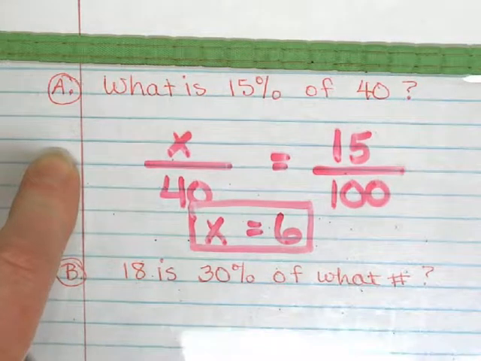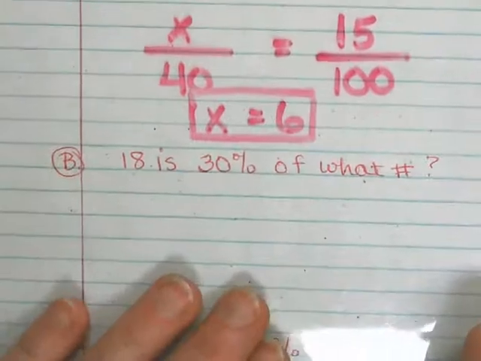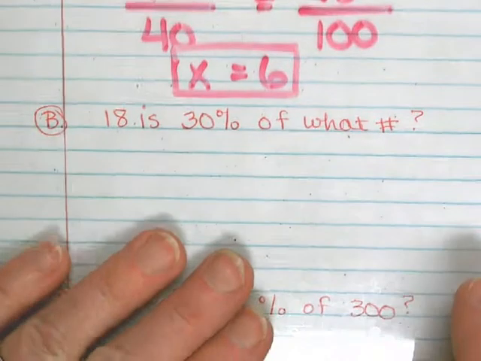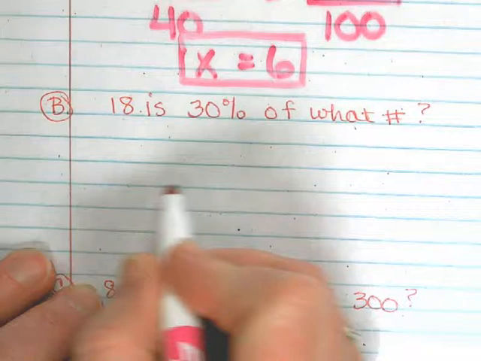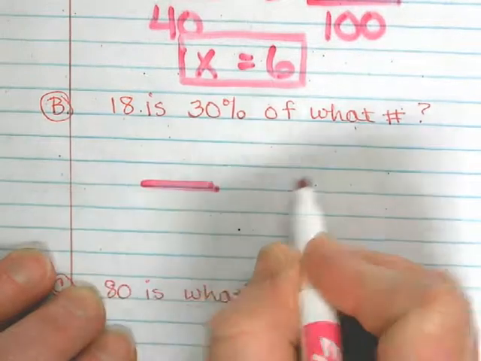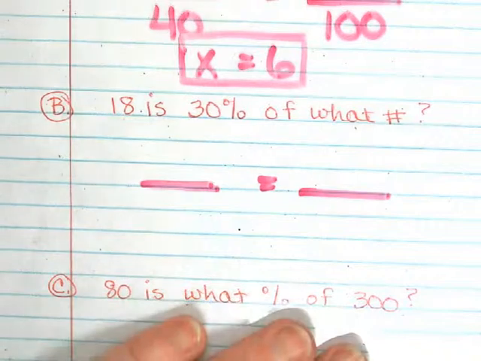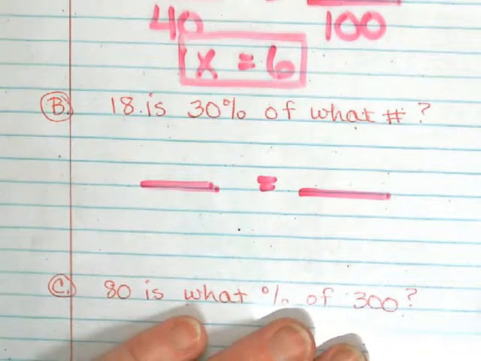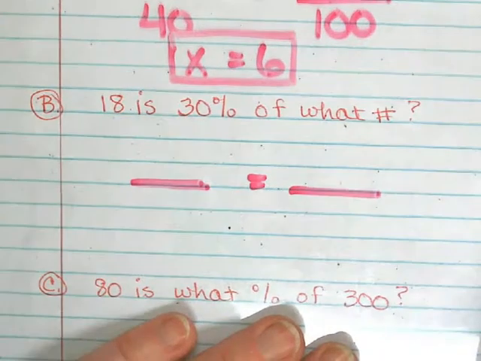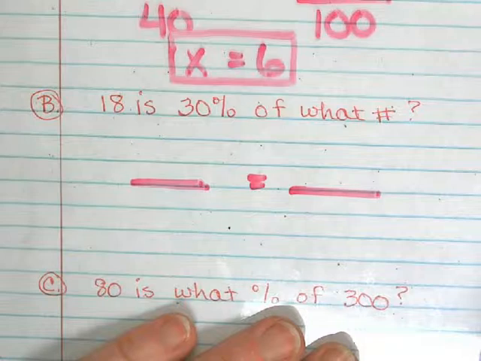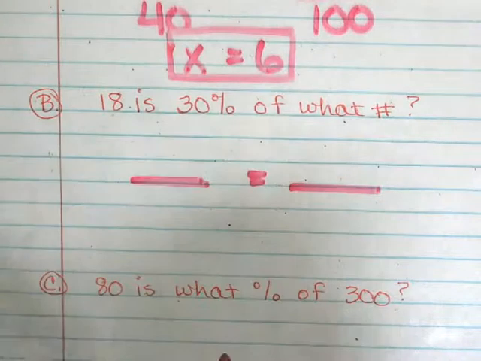Let's move on to problem B. We're going to do this, and this, and this, aren't we? Who thinks they know where the numbers go? 18 goes to the first line on the bottom.